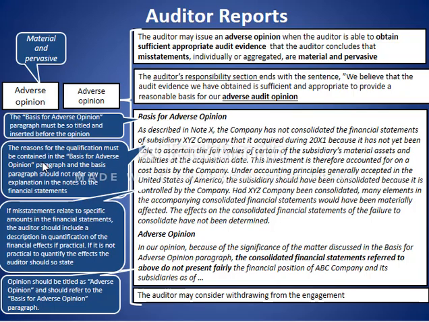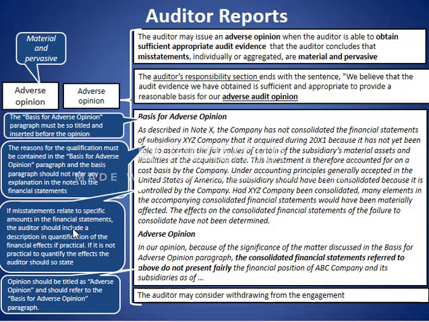It should not need to refer to any explanation in the notes to the financial statements. The basis for the adverse opinion should stand on its own. It may refer to notes in the financial statements, but by the same token, it still has to stand on its own.